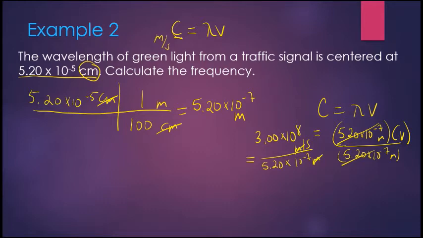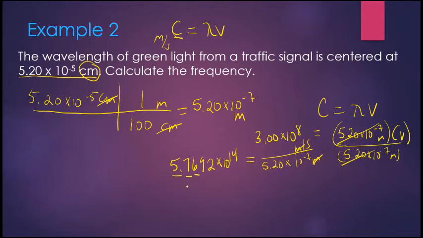Yes, only 3. That is exactly right. And it looks like this is what I'm getting for my calculator answer: 5.769 times 10 to the 14th. So I'm going to keep the 5, keep the 7.